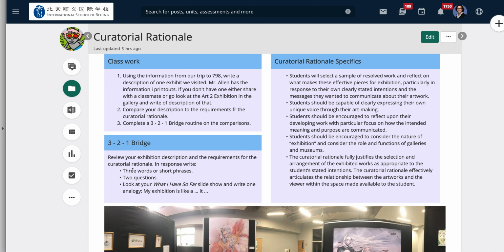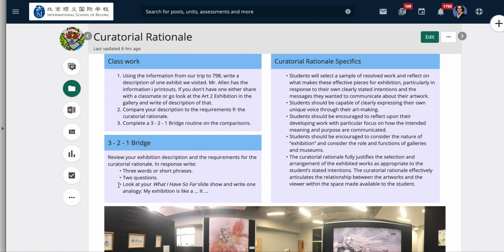Write 3 words about that comparison. Write 2 questions you have about the curatorial rationale, and write an analogy for your exhibition for the state that it's in right now. I know it's complicated, but I'm sure you all get through it. Please do it.